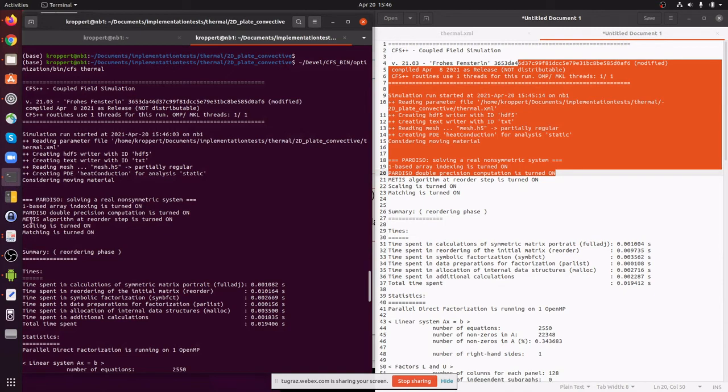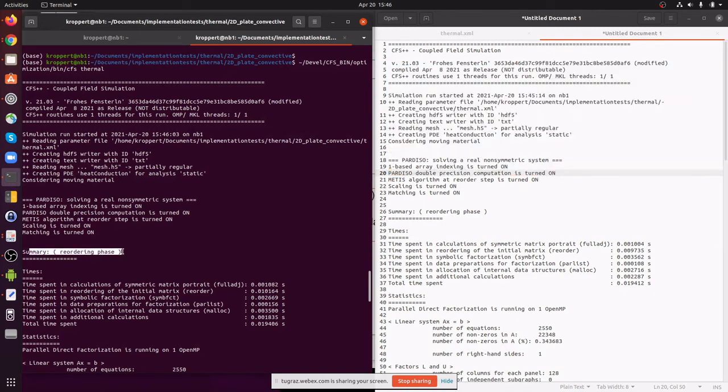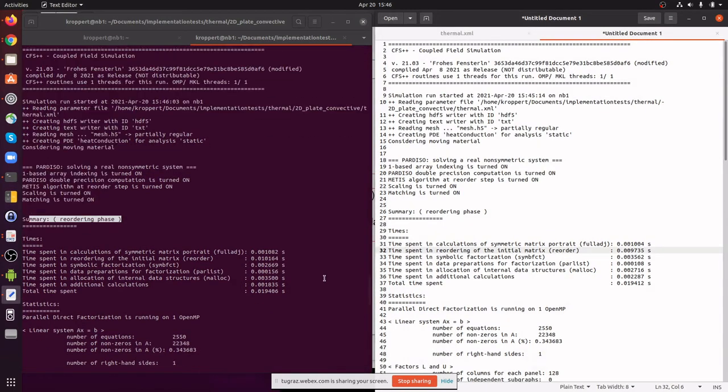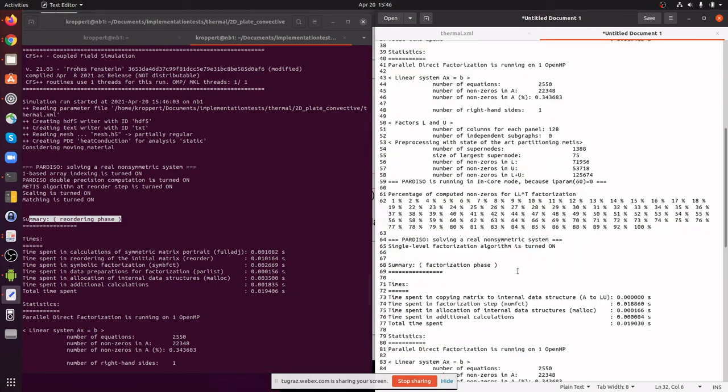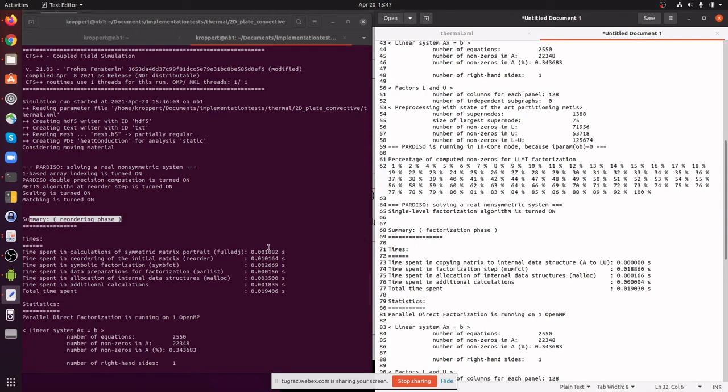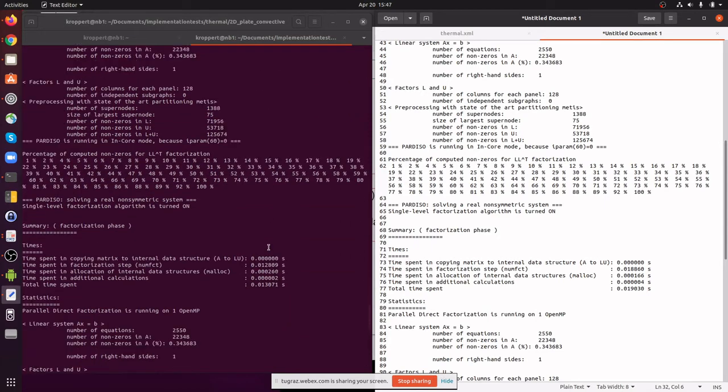So Pardiso, the first phase is the reordering phase. That should not have any major differences, and if we compare it, the reordering times are not that different. And let's go on to the factorization. That's the phase where we should see the differences, hopefully.